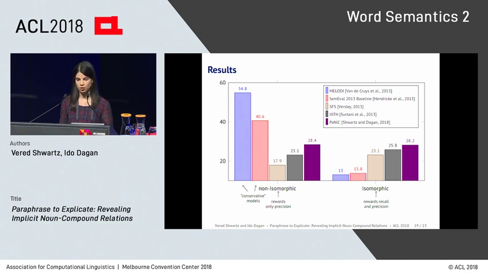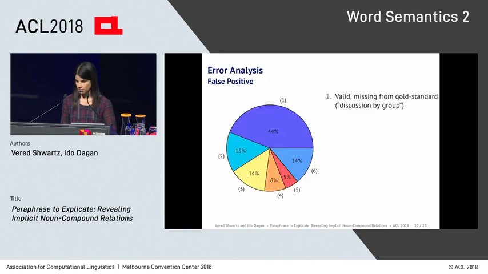They tend to predict only a few very common paraphrases, so they don't make a lot of mistakes. So it's hard to beat them on this setting, but it's also not very informative. For example, the SemEval baseline always predicts only prepositional paraphrases and always in some kind of arbitrary fixed order, like always starts with W2 of W1, W2 from W1, and so on. So it's not a very informative setting.